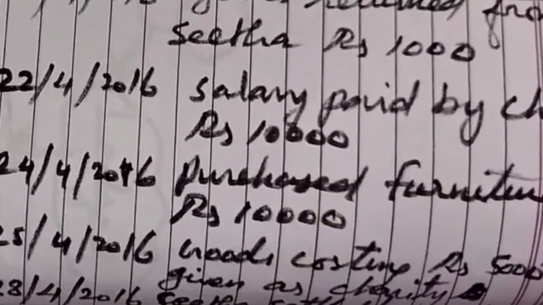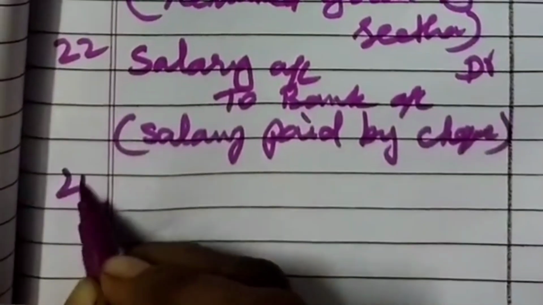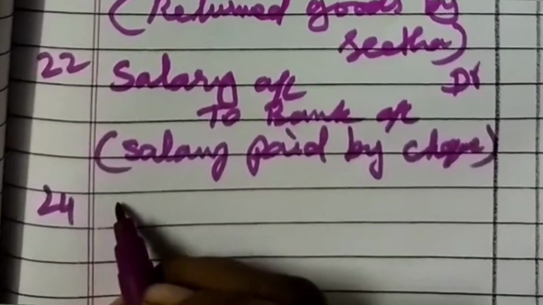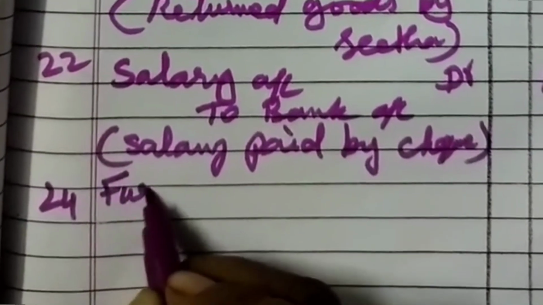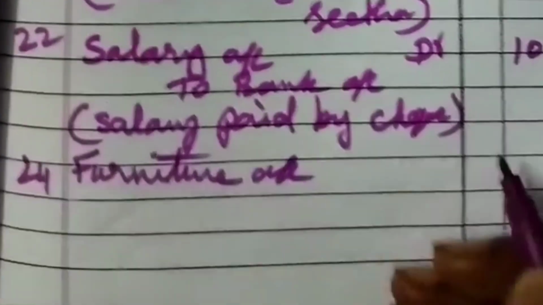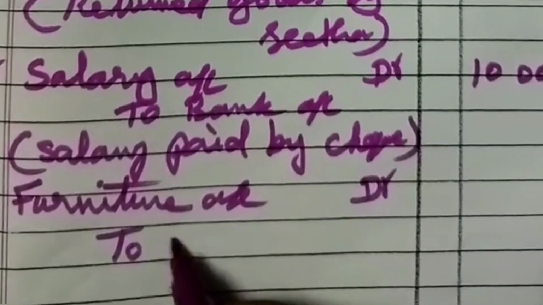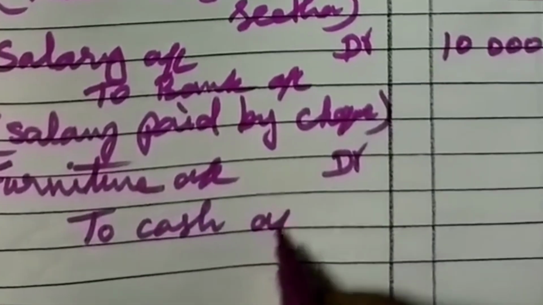Now we can write the journal. Date 24th. What we purchased? Furniture. So furniture account should be debited. Then we are paying cash, so cash account should be credited.